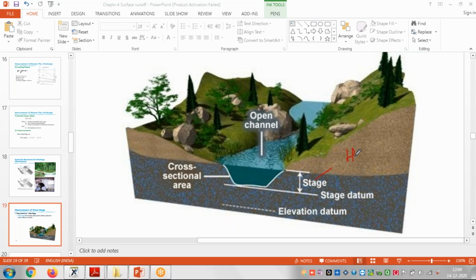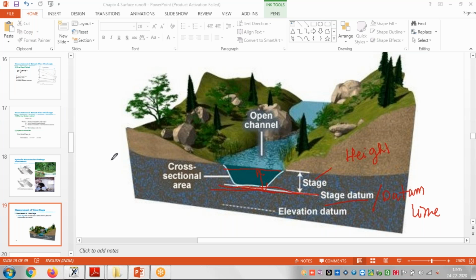Stage means height. So height means from where? Height means from some reference level, some datum level. Suppose this line is a datum level. This line is the datum line, the stage datum, right? With reference to this datum line, we measure the height of water here.